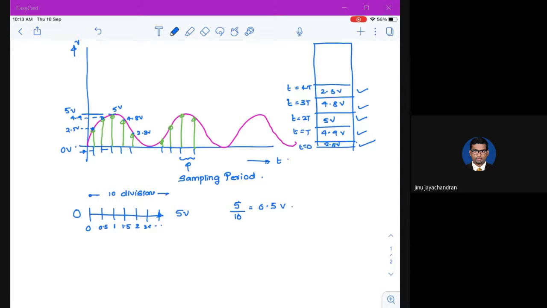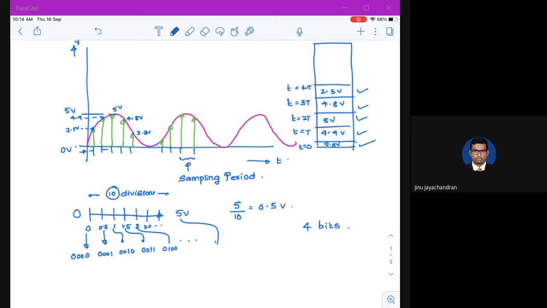Then I'm going to assign a fixed number of bits to each of them. Since there are 10 divisions, you need to have at least 4 bits. So I'll assign 0 to be 0000, 0.5 to be 0001, 1 to be 0010, 1.5 to be 0011, 2 to be 0100, and so on.